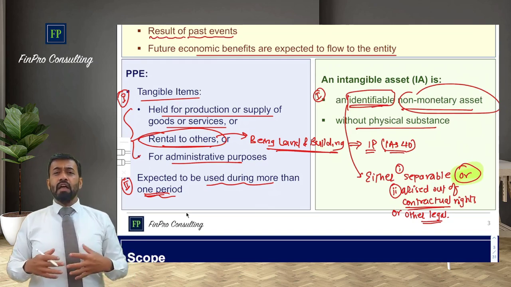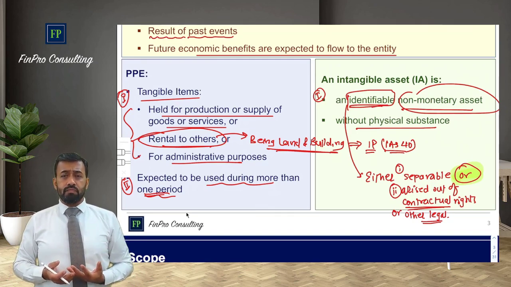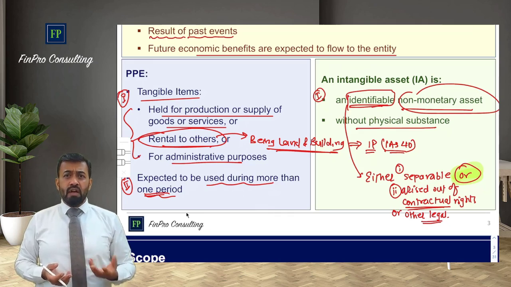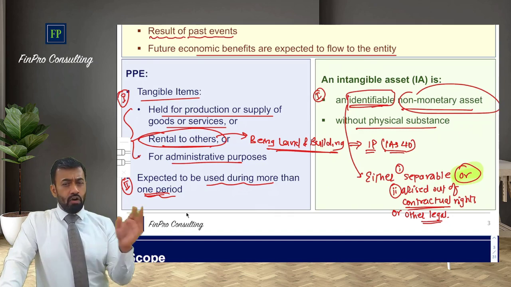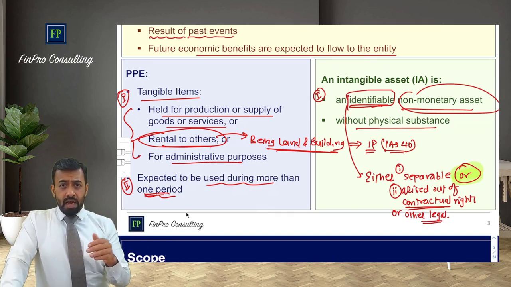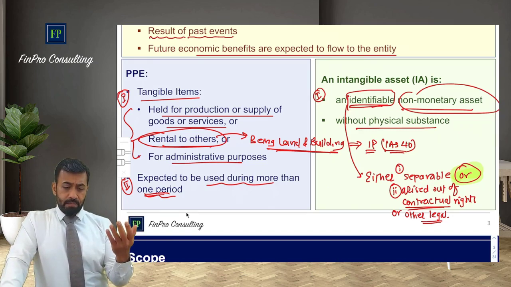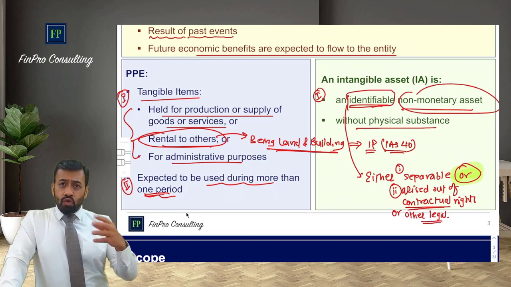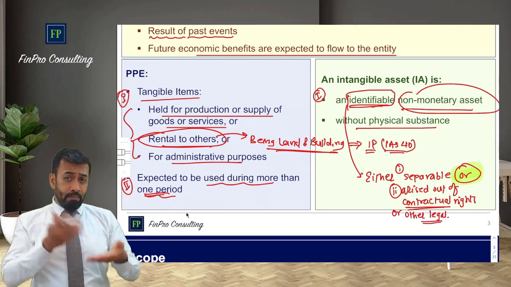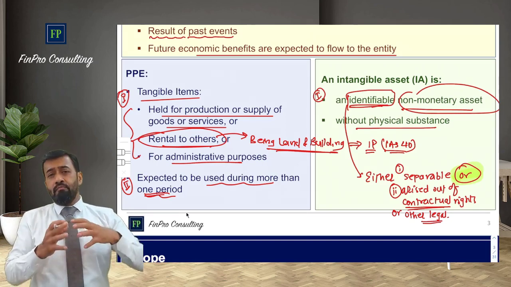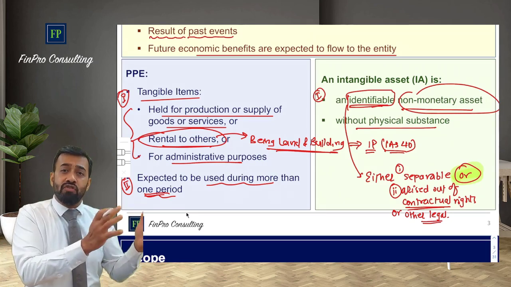Then it doesn't have a physical substance. Physical substance in the sense of any kind of right. It could be a contractual or legal right. It arises out of that contract, it may be written on paper, or it may take some kind of shape of a tangible asset.